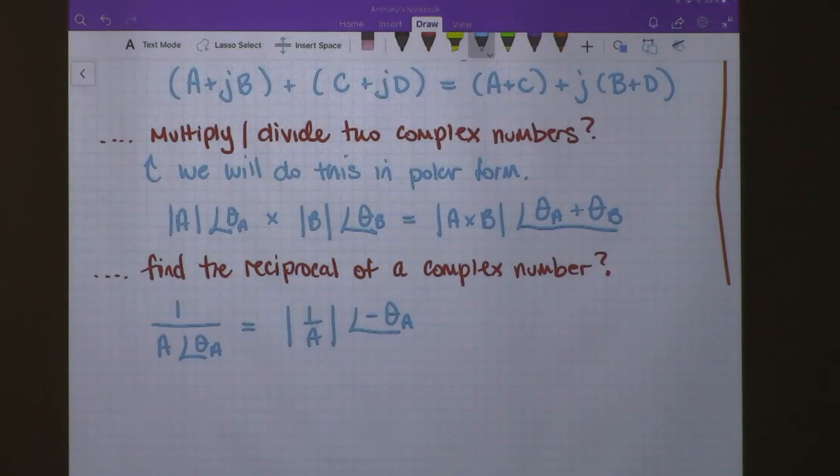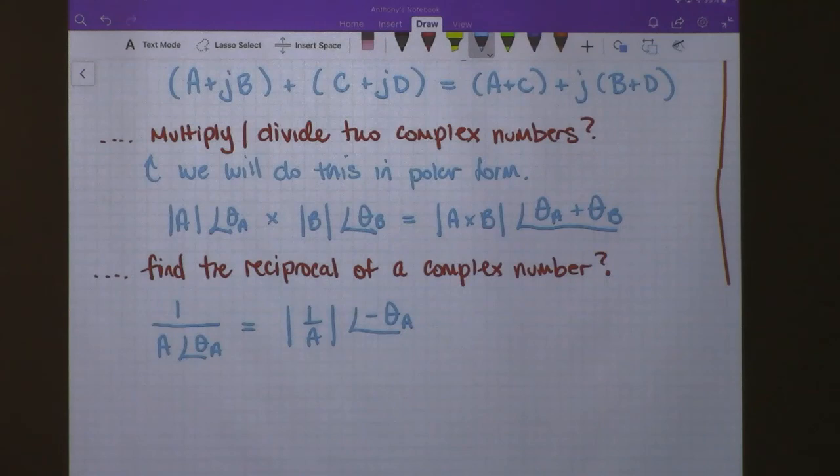A theta A divided by B theta B. First you would find the reciprocal, and then you multiply. Or in other words, you divide the magnitudes and you subtract the bottom angle from the top angle. Okay.